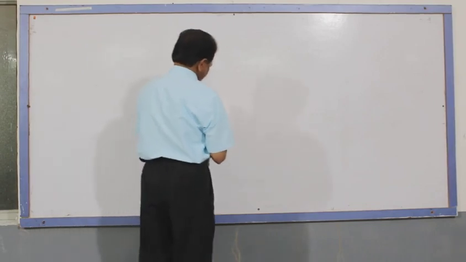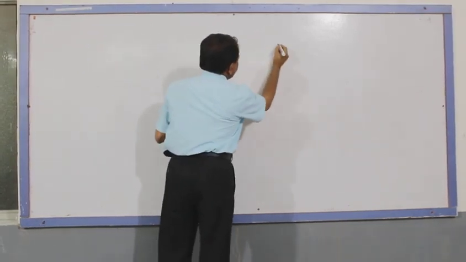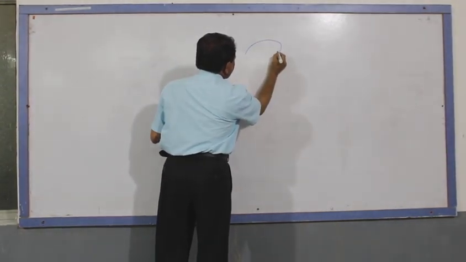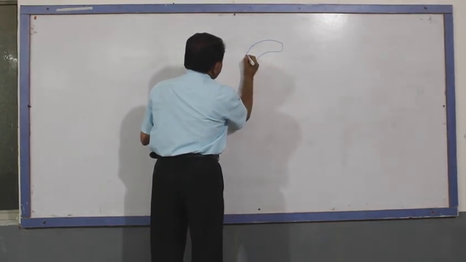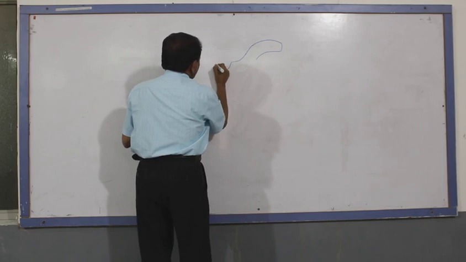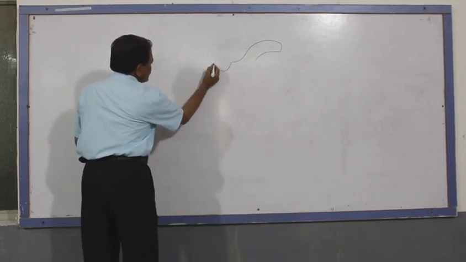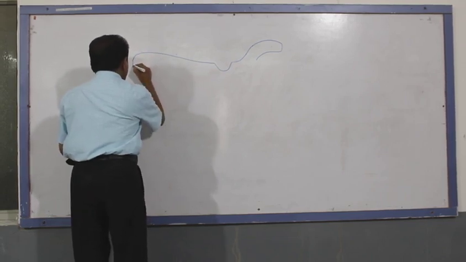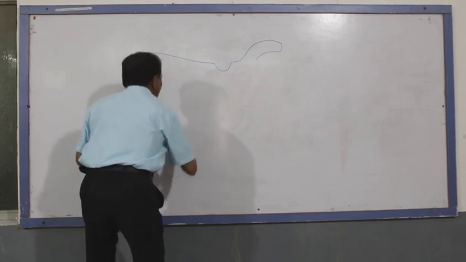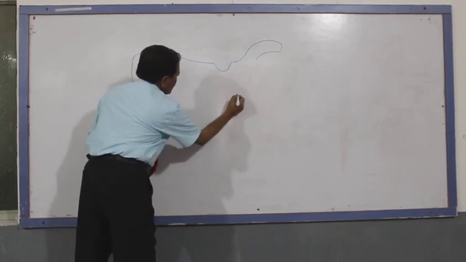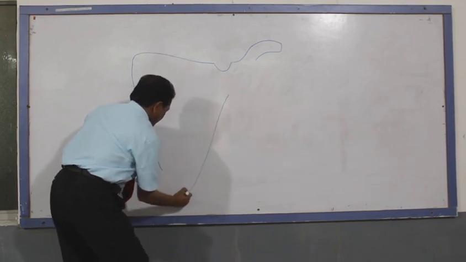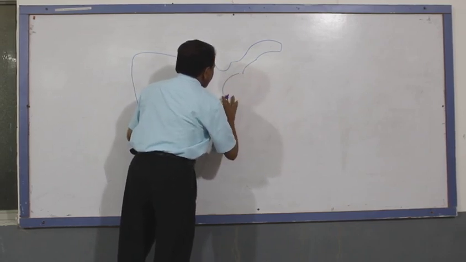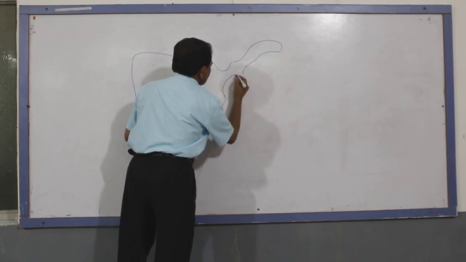Here it is the suprascapular notch, on the upper border of the scapula, and from here this one is the medial border, and here it is the glenoid cavity.